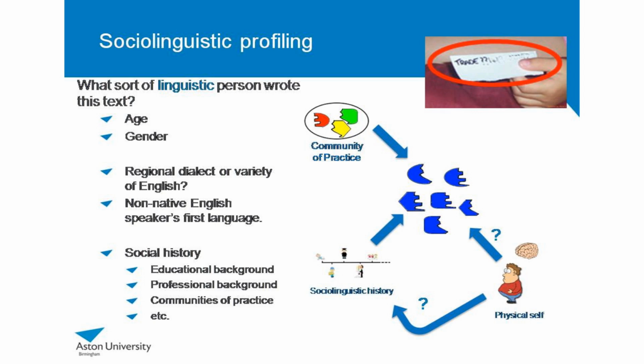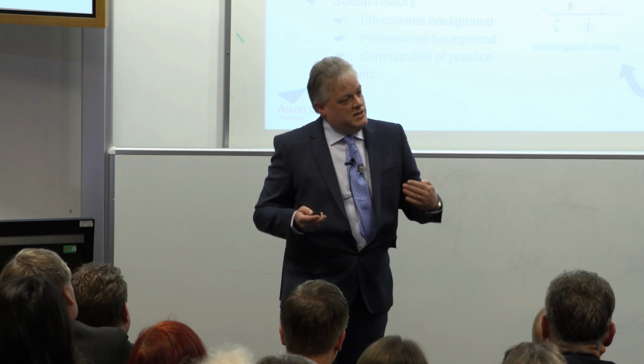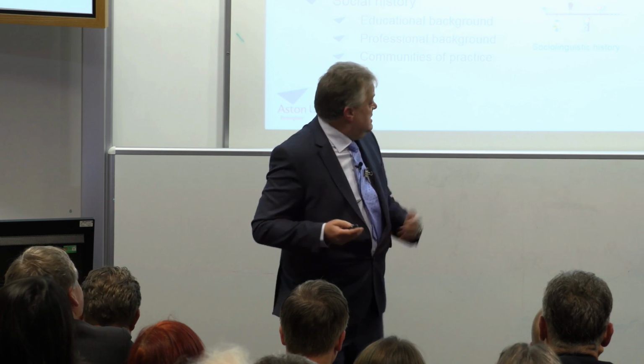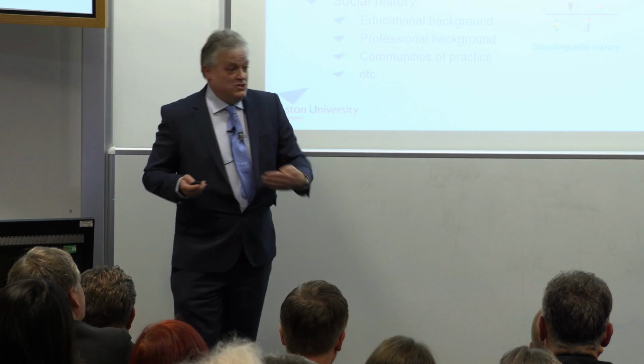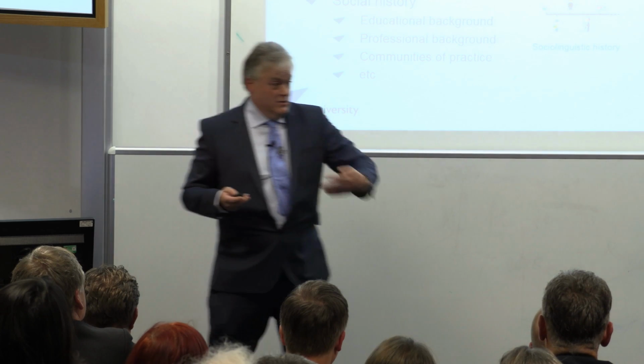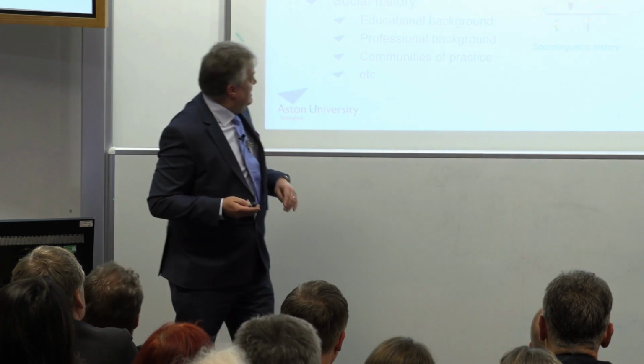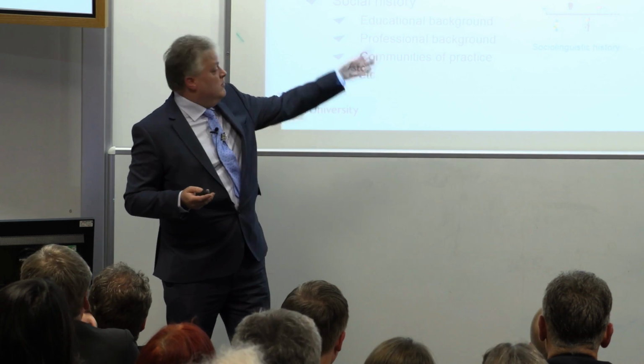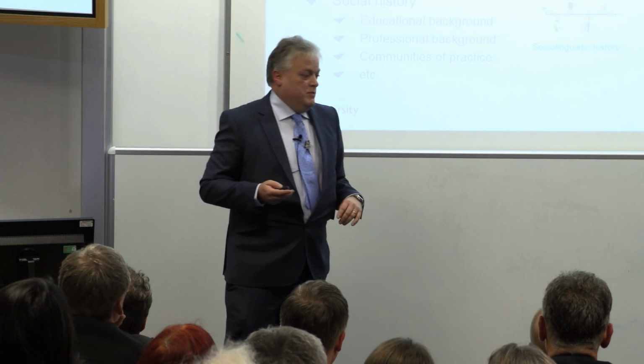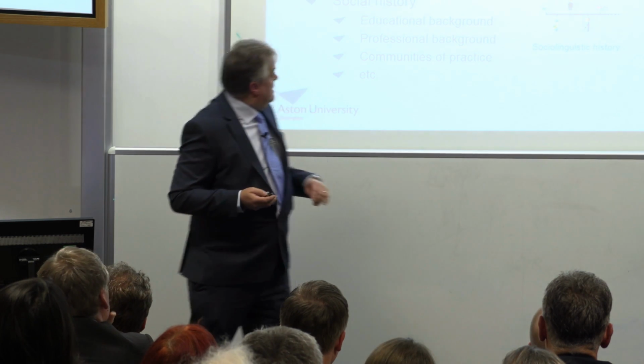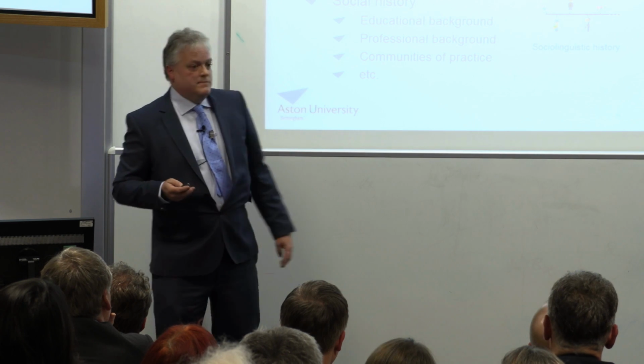So we can't tell whether someone is a man or a woman, but we can tell whether they're performing a male or female gender. So we can't profile their actual gender, their biological sex. We can only profile their performed gender. We want to turn around the performance and make predictions about the sort of person. What can we predict?